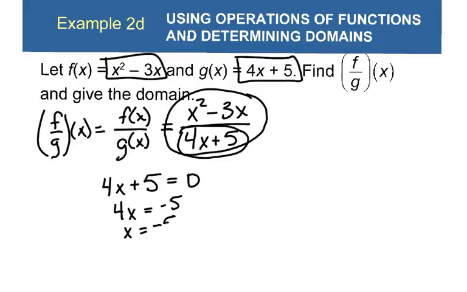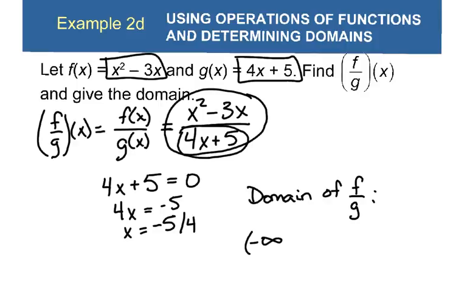x equals negative 5/4. So this tells us we need to exclude this from our denominator. It is going to be all real numbers except for where x is equal to negative 5/4. And how we state that is just like this. So here's the domain of f divided by g. I'm going to place it down here because it's long. It covers the whole x-axis except for where x is equal to negative 5/4.